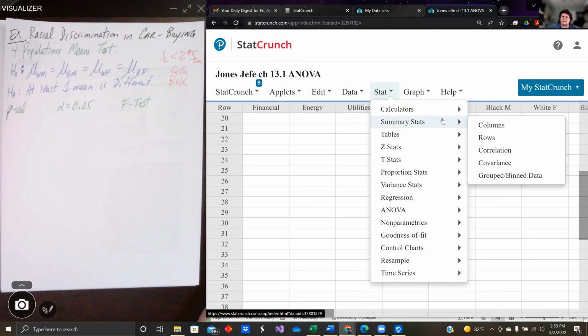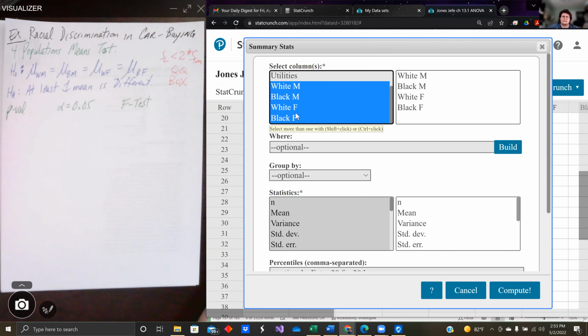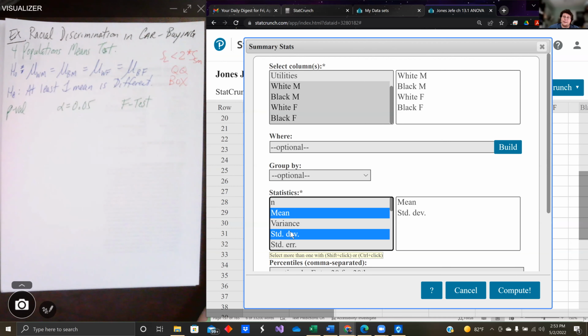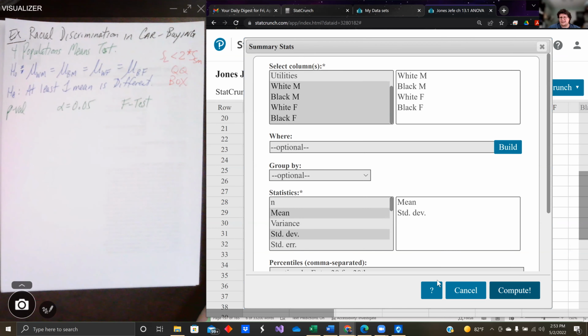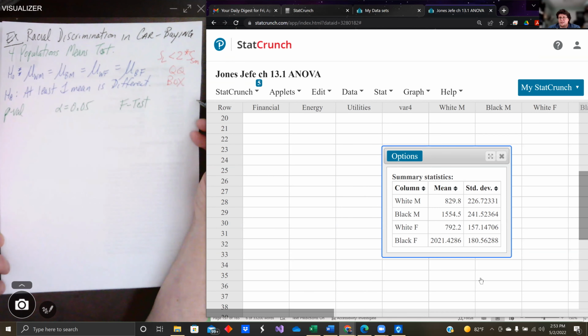Let's do our summary stats, columns. We're going to choose our 4 groups. I need to compare the standard deviations, but I'm going to take a look at the means and see if I can get an idea of what I think is going on, because it's kind of nice to have a good idea of where this is going. The first thing we check is our smallest standard deviation versus our largest.